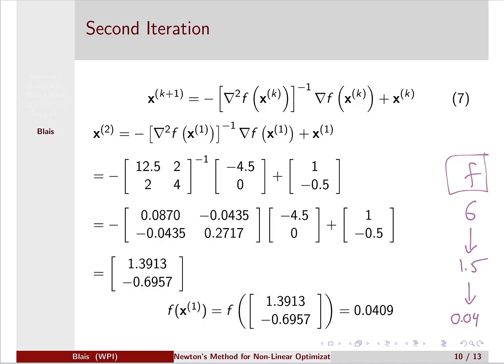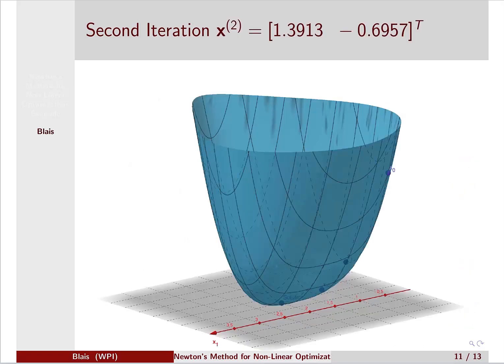So in just 2 steps, we have gotten very close to that global objective value of 0. Graphically, we see that our x2 appears down here. So we can see our progression from x0 to x1 and x1 to x2. So it does look like we're honing in on that solution.